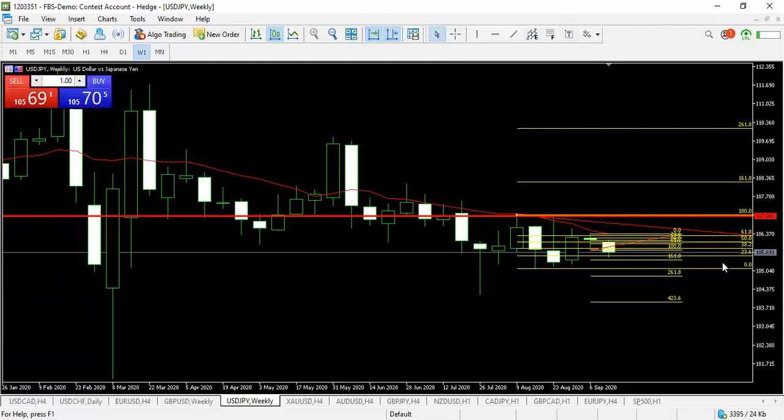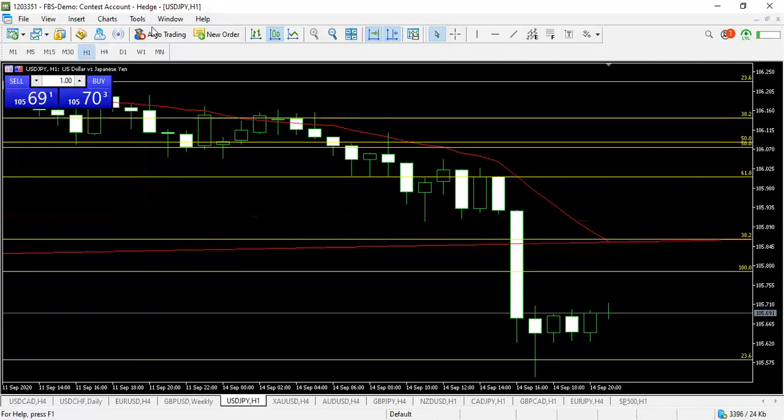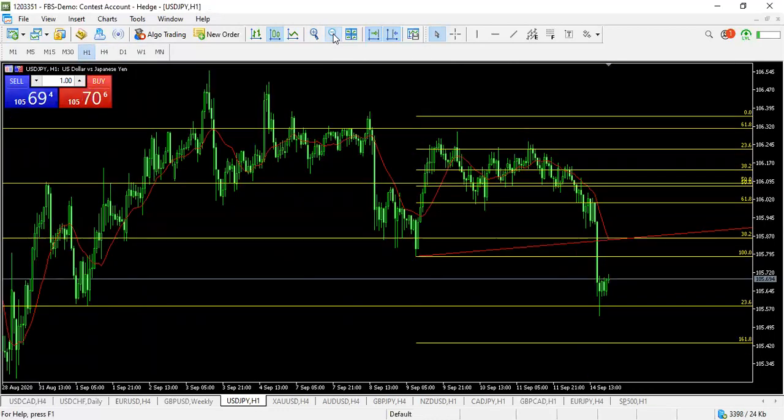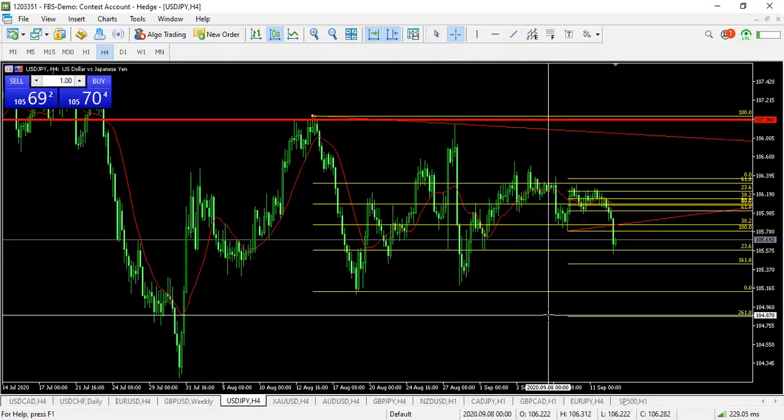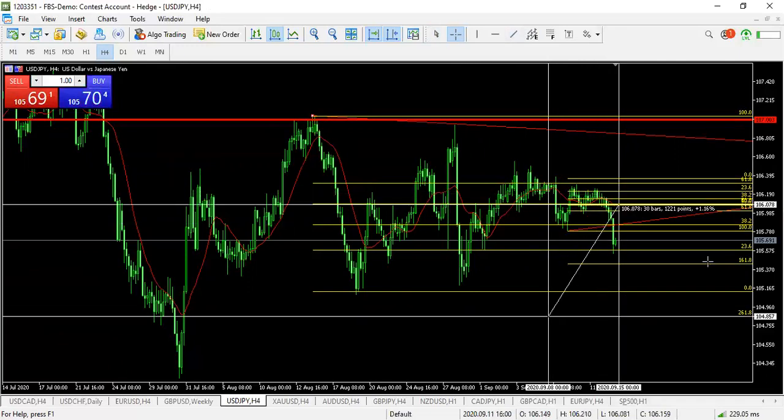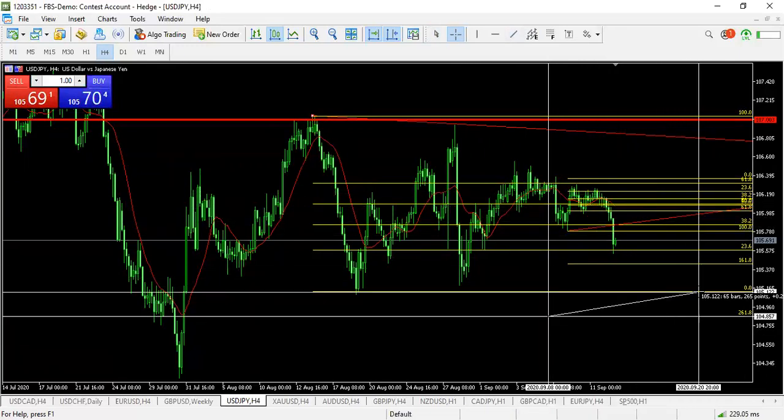Okay, so this level, let's see which level was that. Let's go to the 4 hour time frame. So 105.1, and between 105.1 and 104.8, this would be the buy zone for this week.